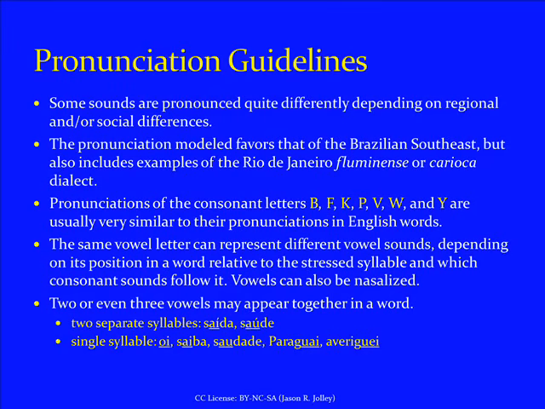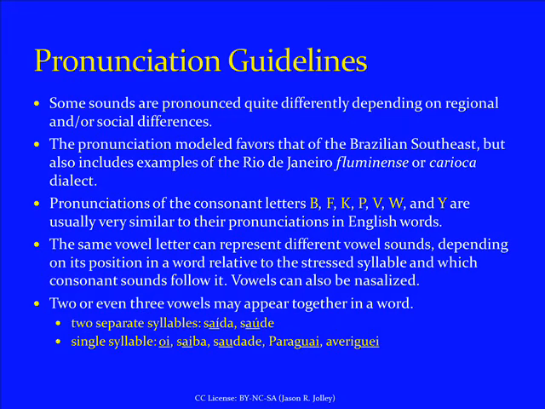Because the same vowel letter that you might see in a word can represent different vowel sounds depending on its position in a word relative to the stressed or tonic syllable and which consonant sounds follow it. Vowel sounds can also be nasalized, and you'll see some examples of these. The various pronunciations of vowels are not always marked with written accents or symbols, so that's another thing that can be very hard to predict in terms of how vowel sounds are pronounced. There's not always a written accent or symbol indicating that.